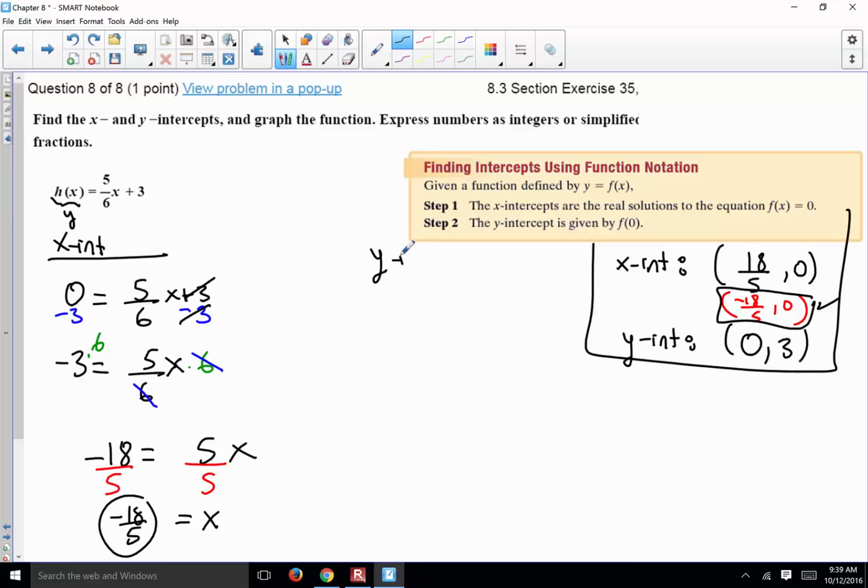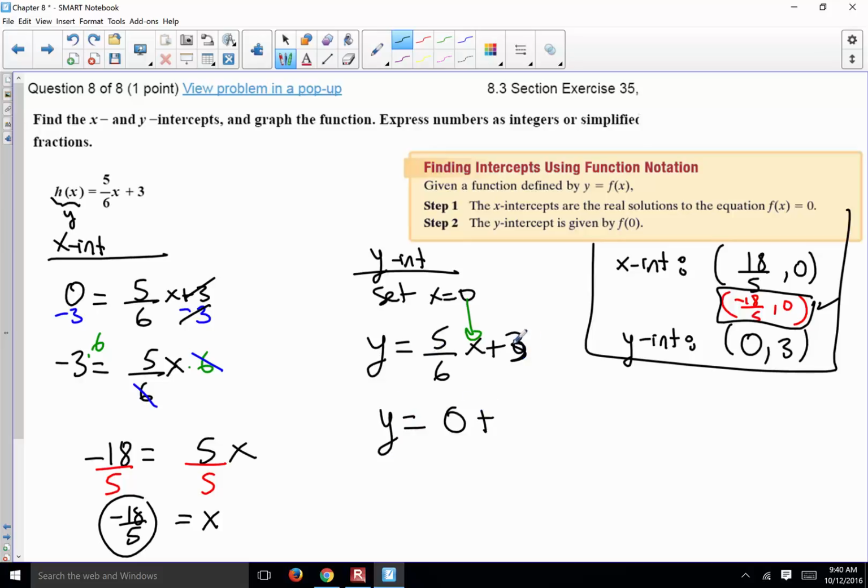For y-intercept, y-intercepts are always easier. We set x into 0 in this equation. Well, if you multiply a rational number by a 0 it is 0.